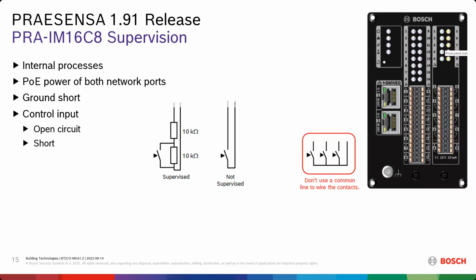So you can place two 10K resistors in series, and on the second one, you position your switch, and with that, you could have a supervised connection. Don't use common lines to wire the contacts. That's not appropriate here because we also need to have this supervision in place. Then you have this control output, which can connect to the NAC booster. These supervised options are available within the I/O module.